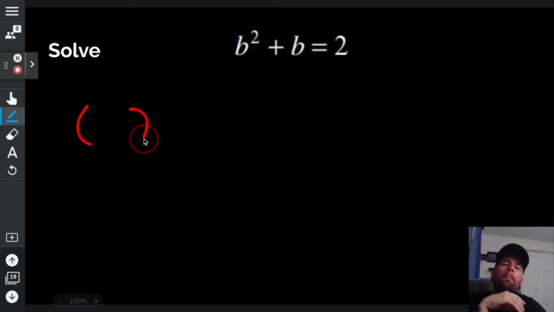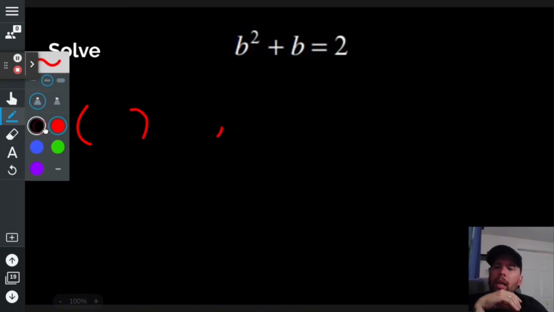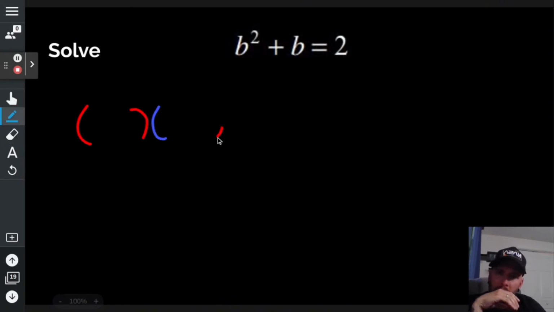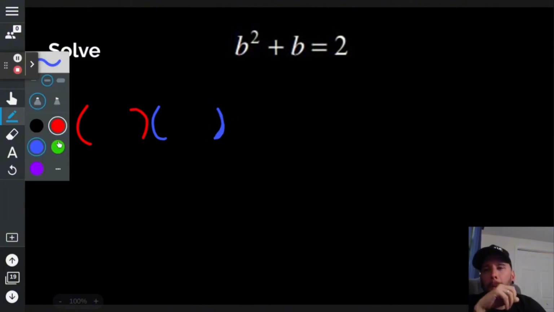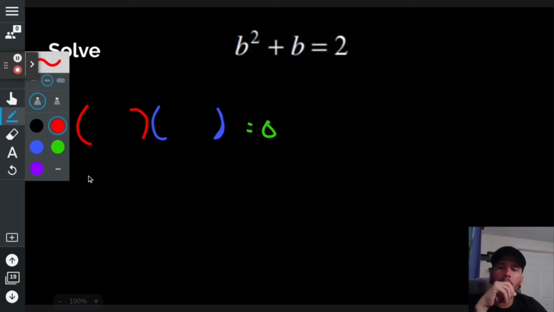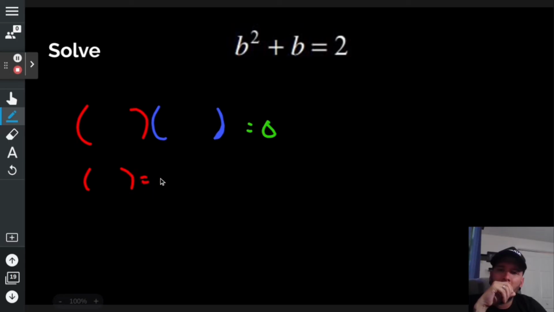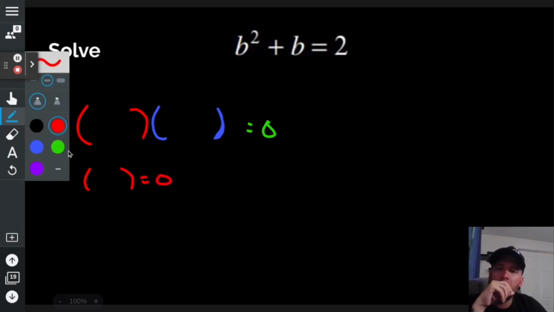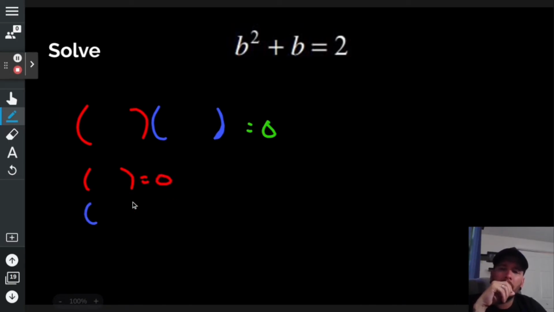If I have a parentheses times a parentheses and it's equal to 0, what you do is you set one of those parentheses equal to 0 and you set the other parentheses equal to 0 and you solve the stuff on the inside. What I'm going to do here is very much the same thing.